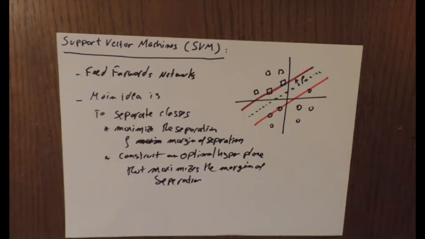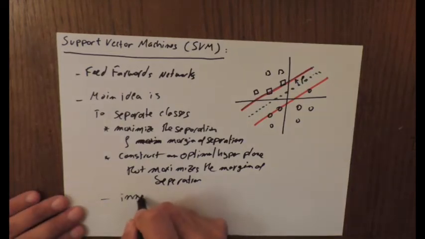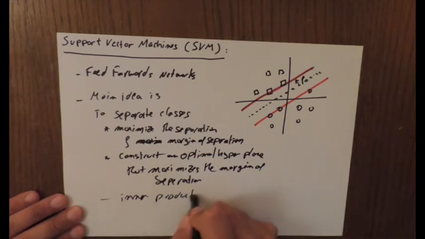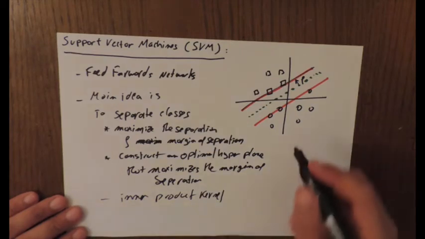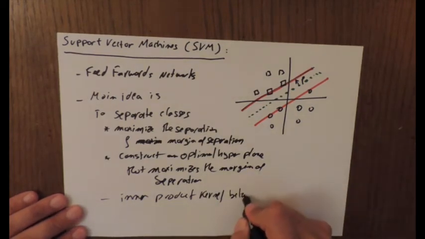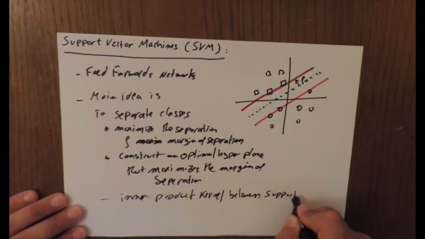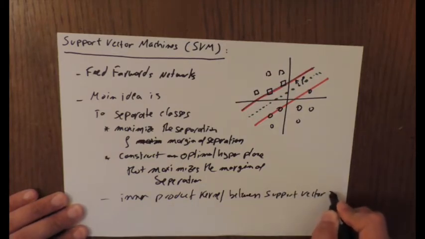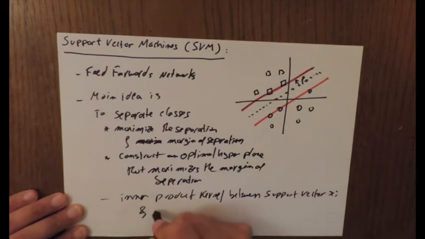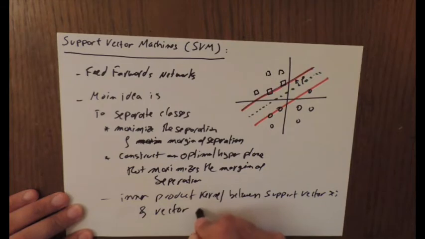This notion is central to the development of the support vector learning algorithm, which is the inner product kernel. We're going to talk about the inner product kernel between the support vectors xi and the input vector x drawn from the input.